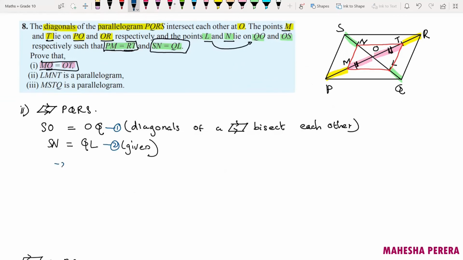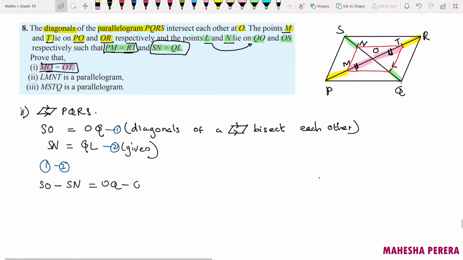And when we deduct 2 from 1, SO minus SN equals OQ minus QL, right? So what remains? ON, or let's write NO, then OL, right? So that is actually these two lengths.